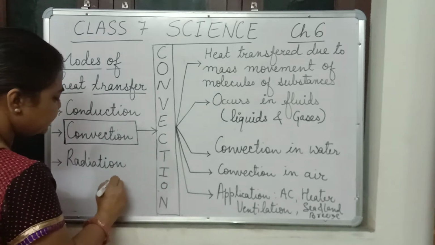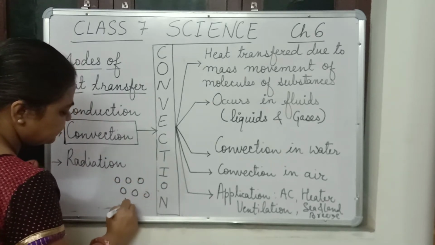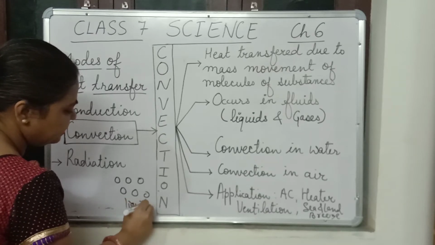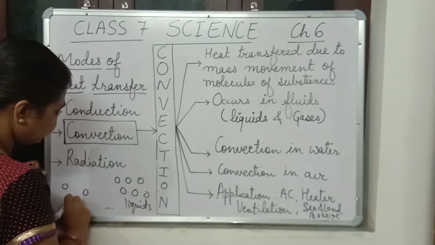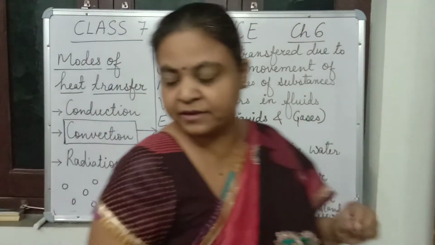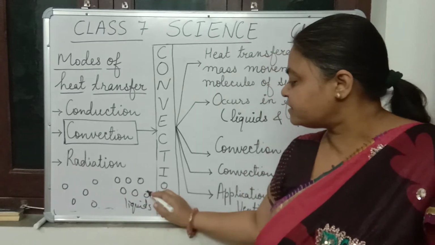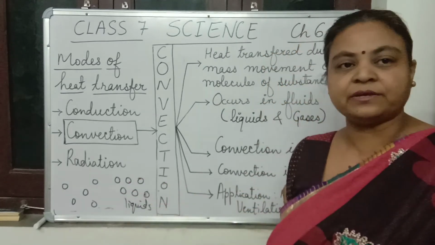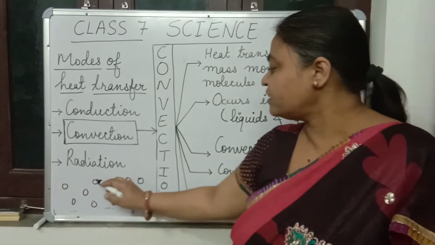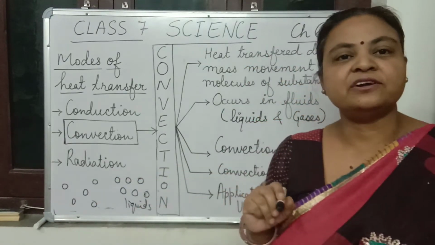In liquids, the molecules have some gap between them, whereas in gases, the molecules are quite far apart, right? So, you can see there is a gap between the molecules. They are not in contact with each other. So, it is not possible for them to transfer heat through conduction.